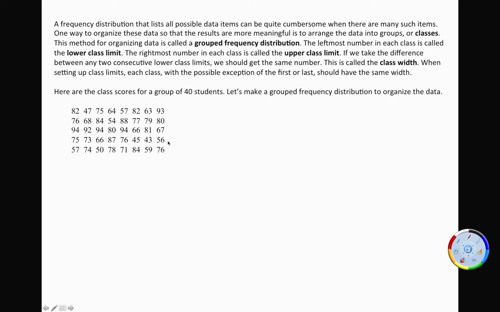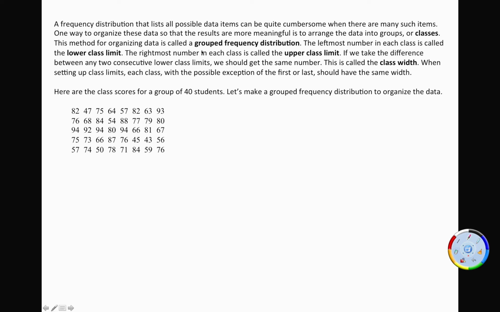So I would need my frequency distribution to have 40 rows if we continued to do it the way we did the last one. So one way to organize these data so that the results are more meaningful is to arrange the data into groups or classes. This method for organizing data is called a grouped frequency distribution.